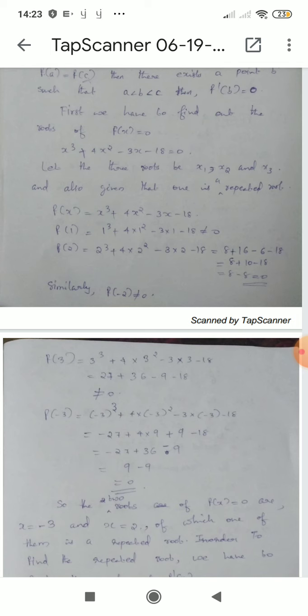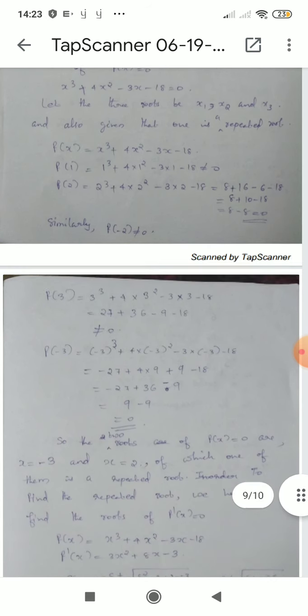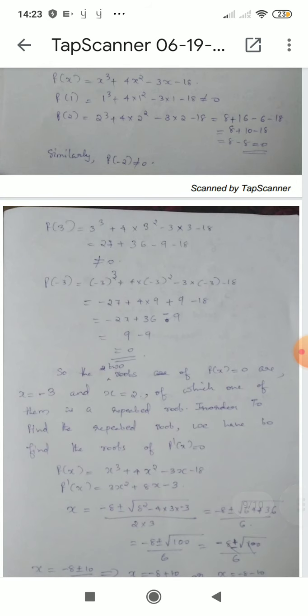One of the roots is 2, and another one is minus 3. Then we have to find out one more root. But there is a hint in our question that among 3 roots, 2 are same. So either now we got 2 roots, 2 and minus 3. Either 2 is repeating or minus 3 is repeating. We don't know which one is repeating.